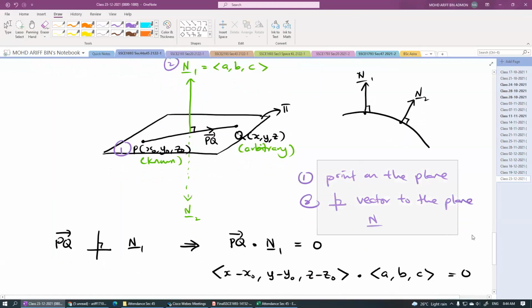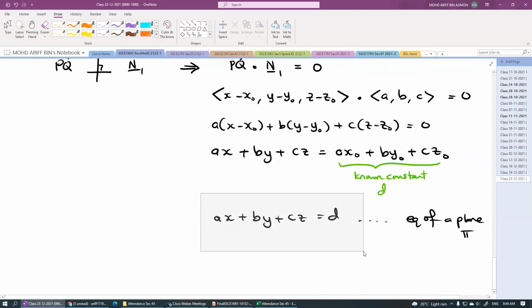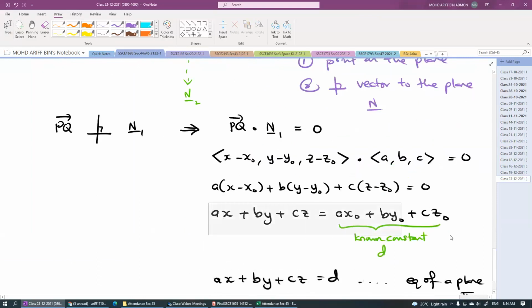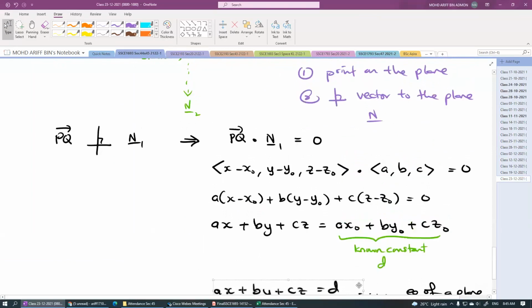If you have both pieces of information, then you may create this. How? You substitute: you take ABC directly from the normal vector and put it here, multiplied to x, y, z, because x, y, z should be unknowns. Then on the right-hand side, you multiply A with x naught, B with y naught, C with z naught, sum all three, and you get your constant D. So at the end you get your equation of a plane. That's how to create the equation of a plane.